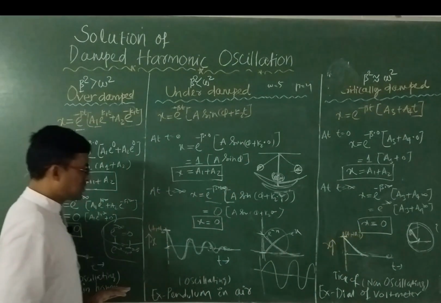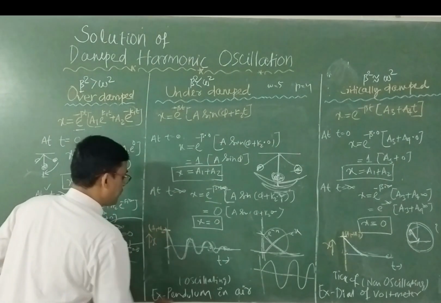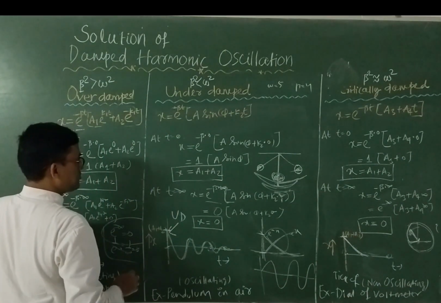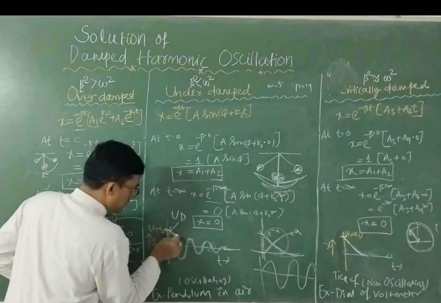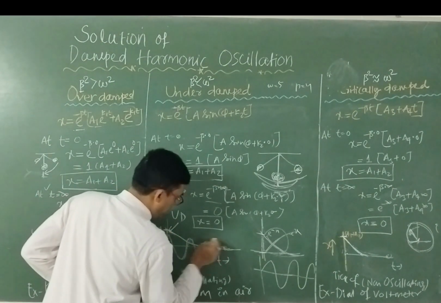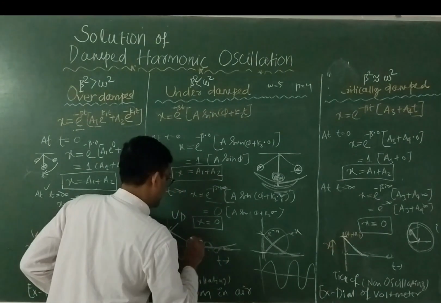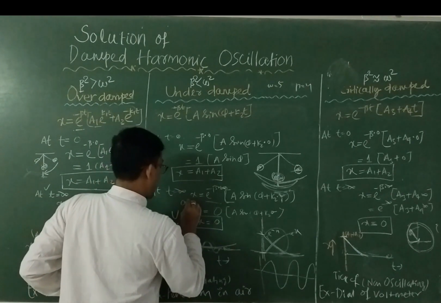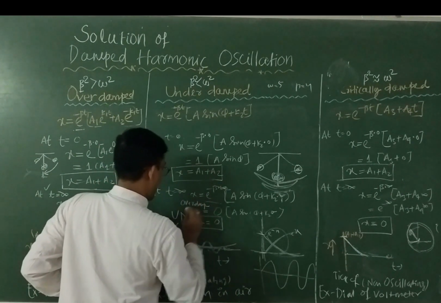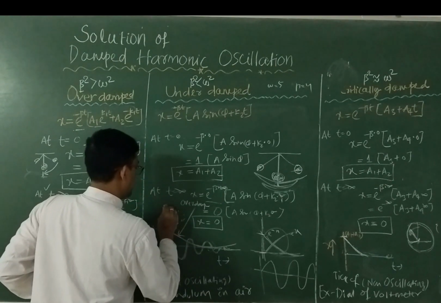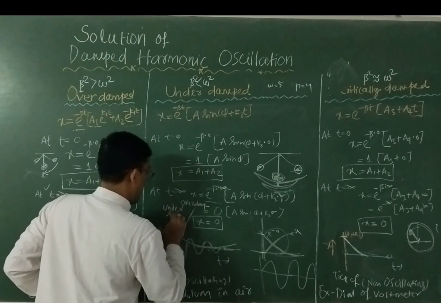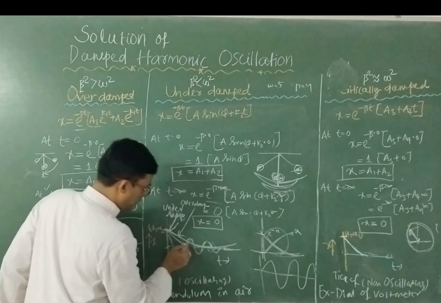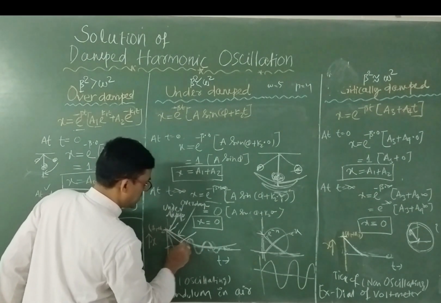So if we plot all these three curves on a single graph, the one gradually falling is your overdamped, this is your underdamped, and this critical damped will suddenly fall. So this is critical damped.